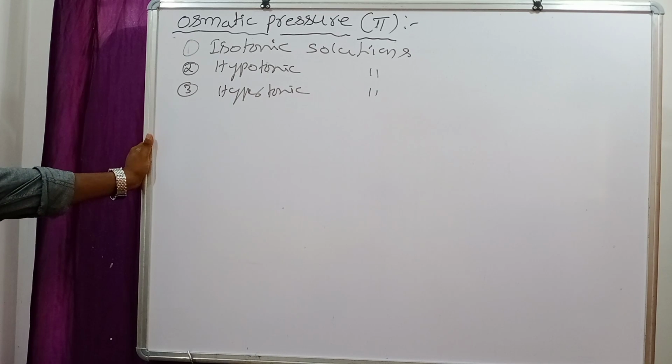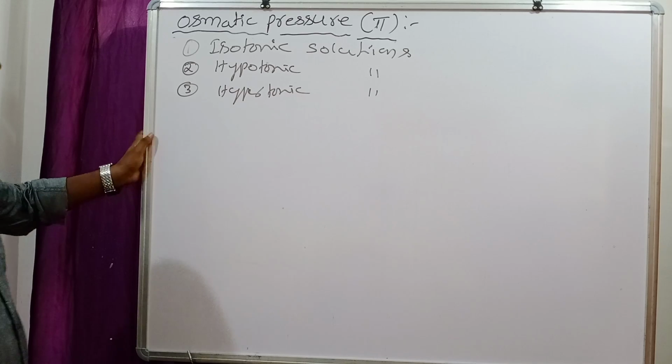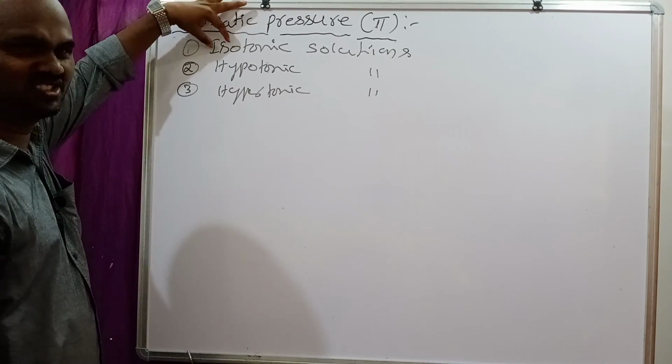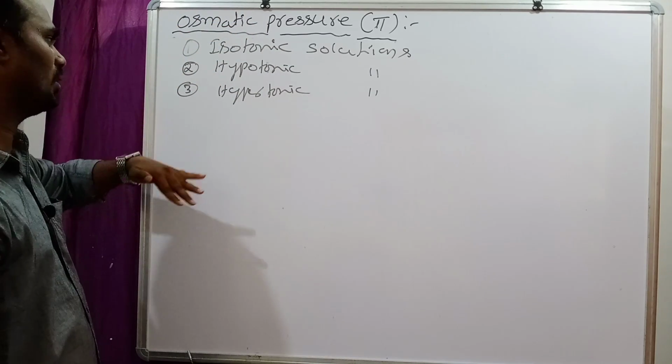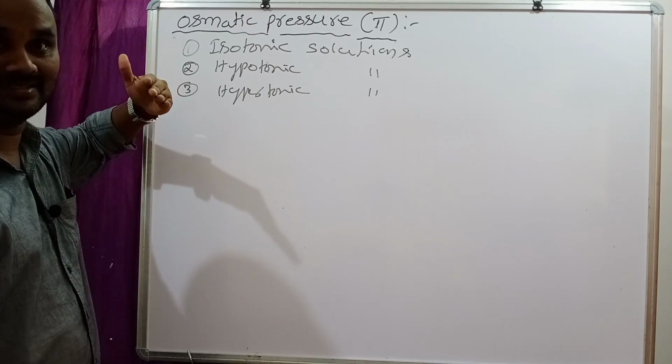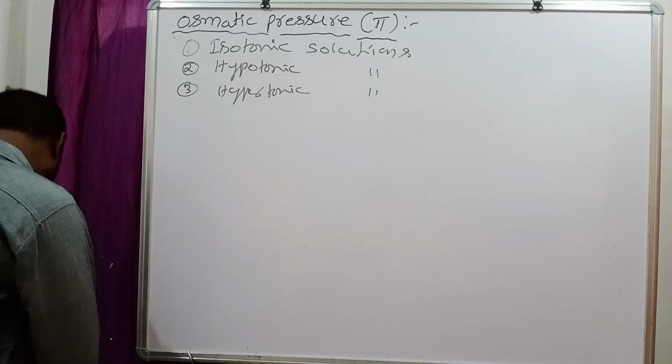Isotonic, hypotonic, hypertonic. Simple. Iso means similar, hypo means smaller or lower, hyper means higher than. Is it clear? So based on this you have to see.